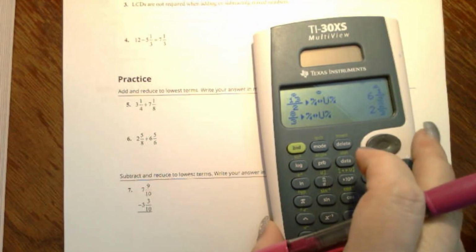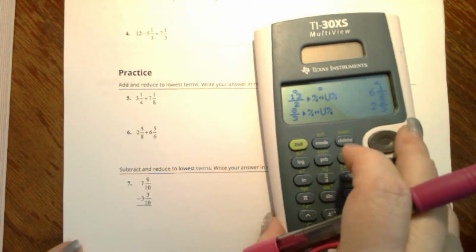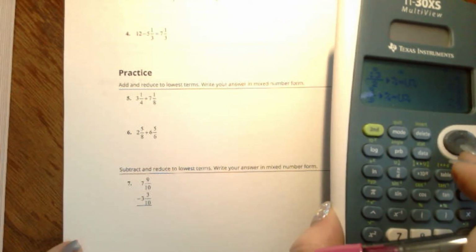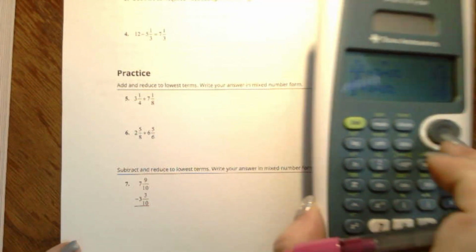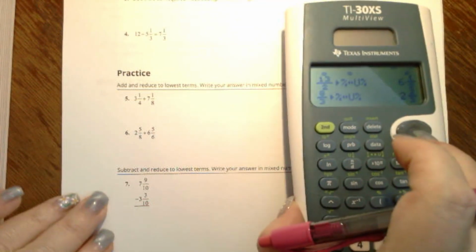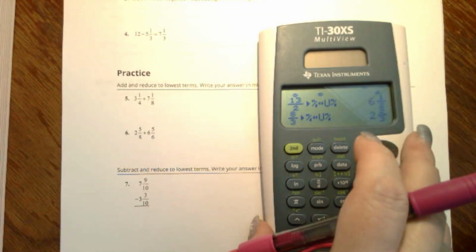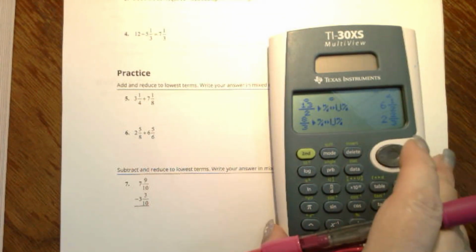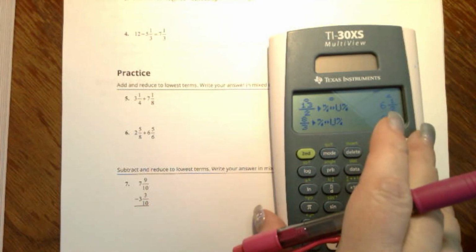So, they want us to do these few problems. Add and reduce to lowest terms. Write your answer in mixed number form. That's 5, 6, and 7. So go ahead and try 5, 6, and 7. Pause it.